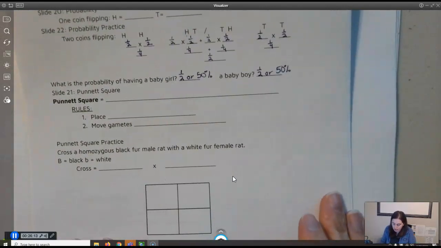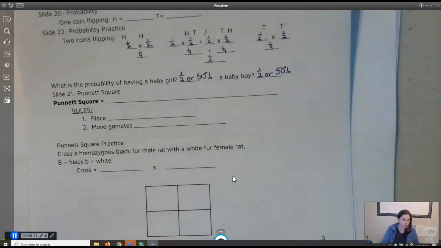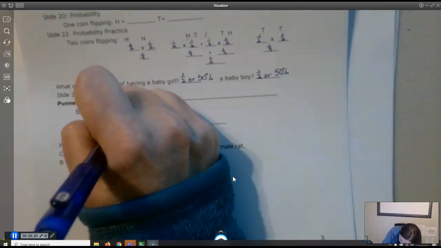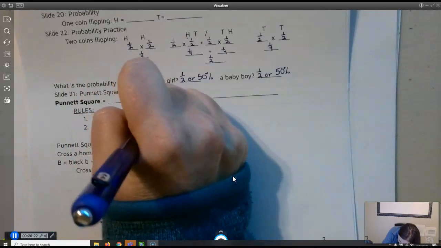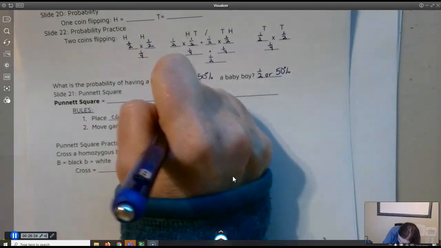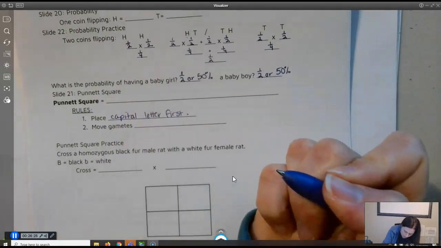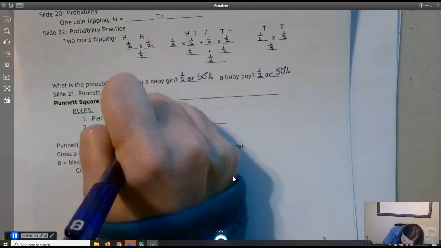All right. So remember, we are going to place the capital letter first and move gametes from each parent.